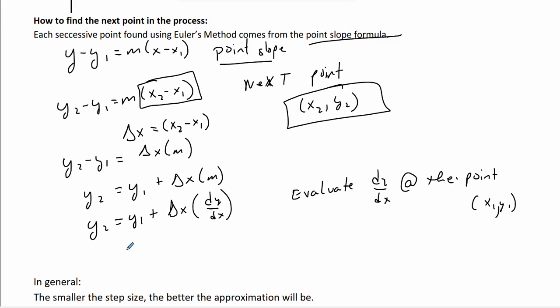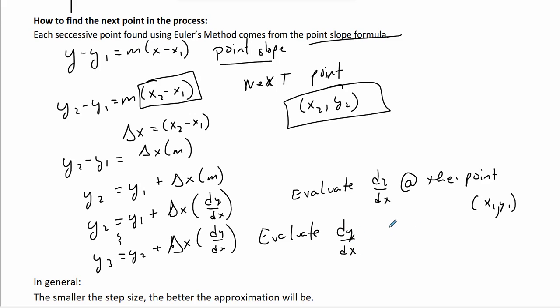In order to get to the next one, y sub 3 equals y sub 2 plus delta x times dy dx. And we're going to evaluate dy dx at the point x2, y2.